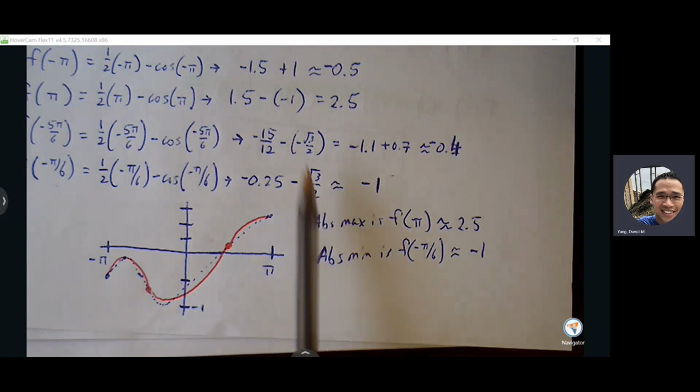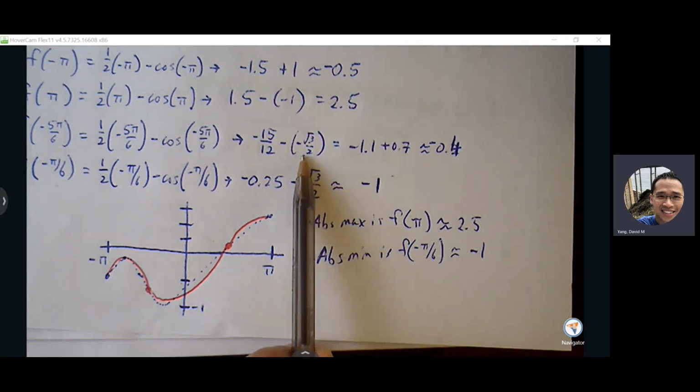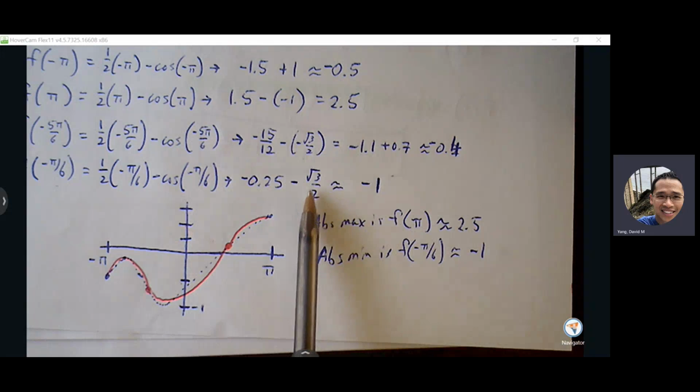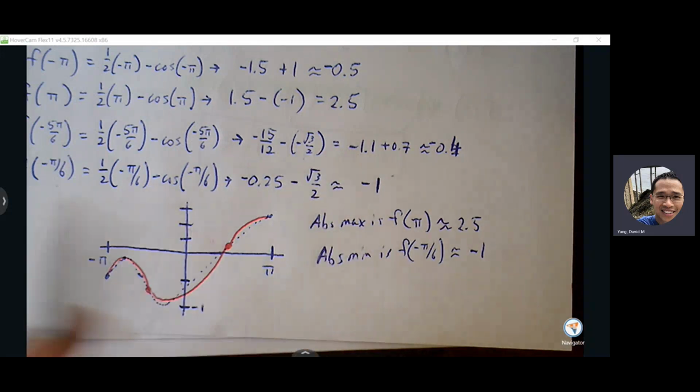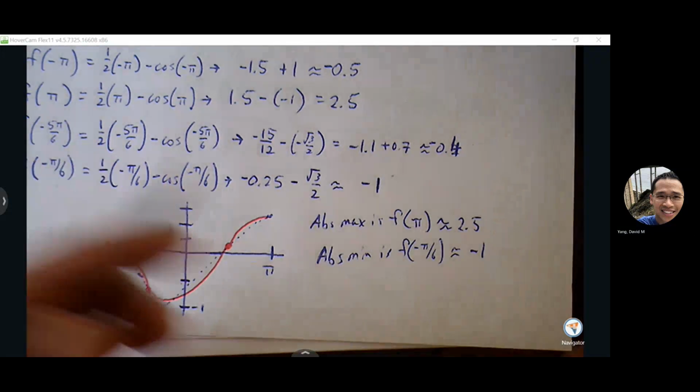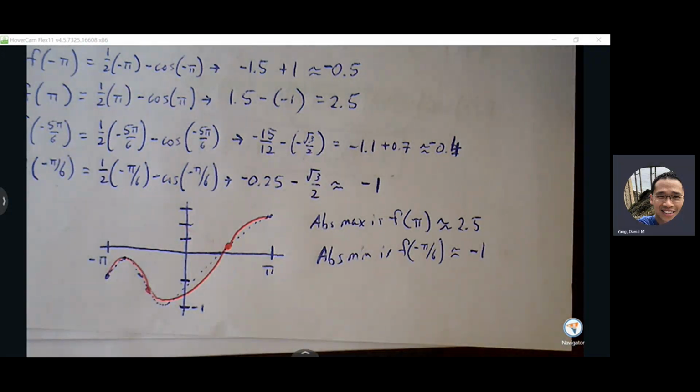And then for all these unit circle fractional values that you may not be familiar with because you don't have a calculator, I'll give you an estimation. I'll say √3/2 is 0.7, and then you're just going to use those values and estimate to the best of your ability, right? I'm not expecting you to get the exact decimal right, just a ballpark value of where it's going to be.